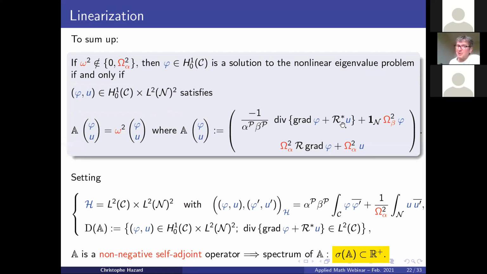So there is a gap, and it may not be in L2. But since I choose a domain by imposing that this is in L2, there is no gap for the quantity here, gradient phi plus. So there is a relation between the normal traces of phi and the normal trace of u here.